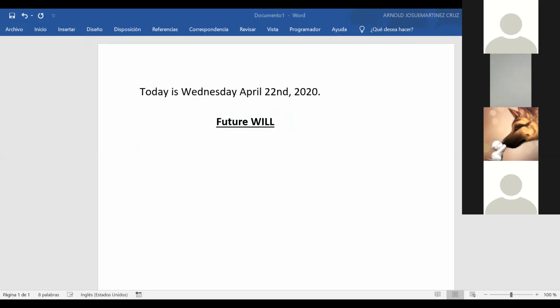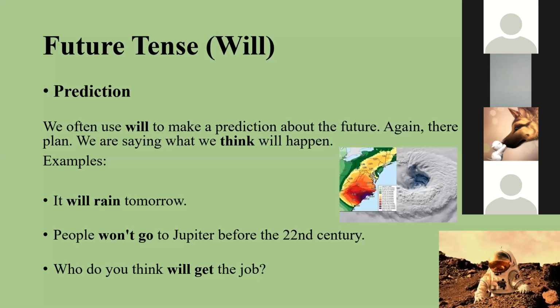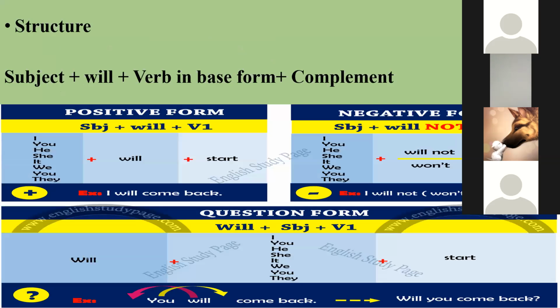So here we have the presentation again. To make predictions, like for example, it will rain tomorrow. People won't go to Jupiter before the 22nd century. And this is my structure.